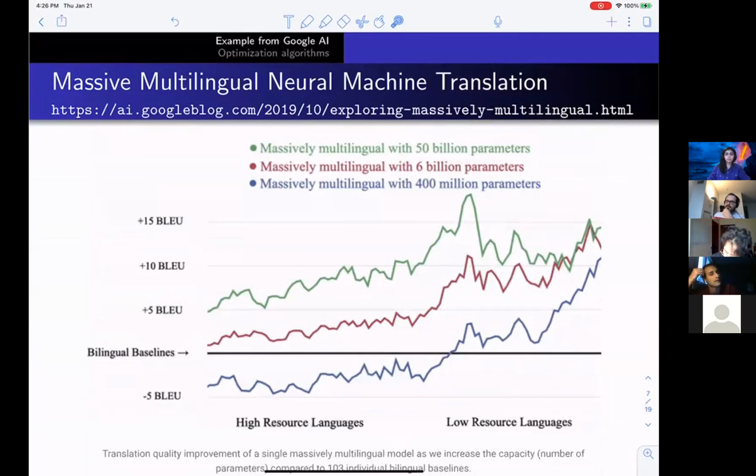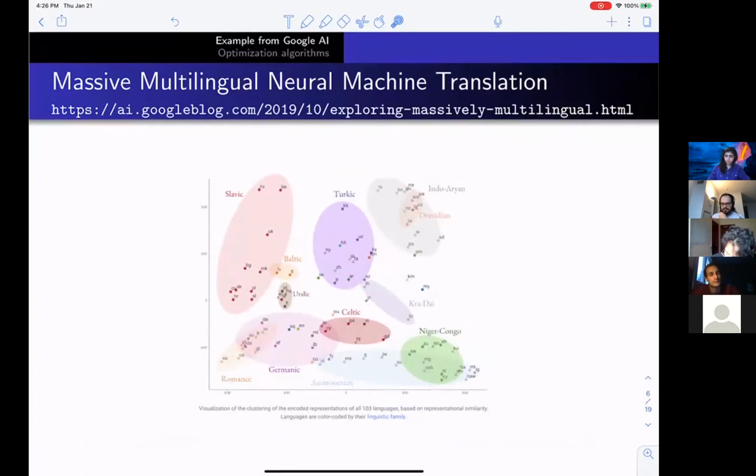Because there are languages which share in some sense different words. For example, something called Romance and Germanic are sharing some subset of the language, right? And because of that, it's beneficial to train a single language model to translate all languages simultaneously.